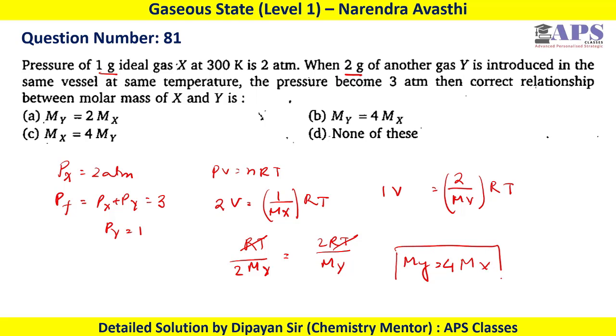So My equals 4 into Mx. So option B will be the correct option.